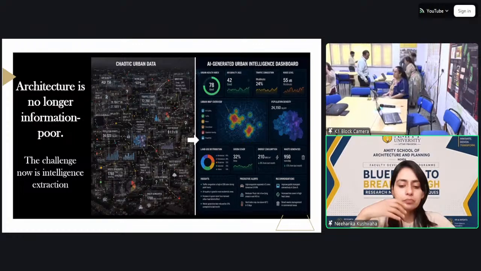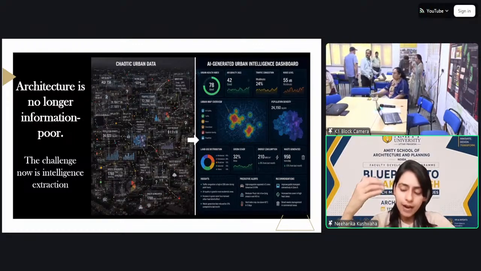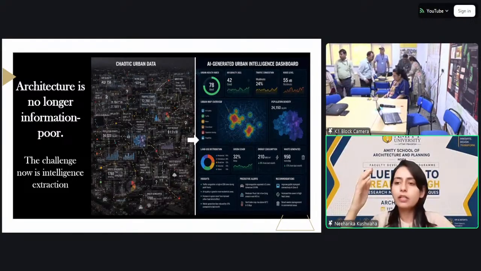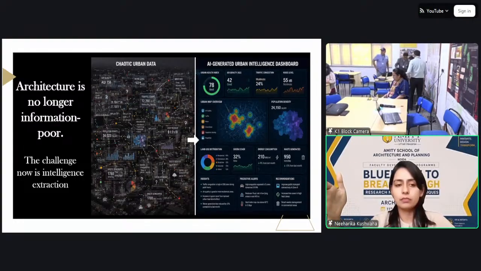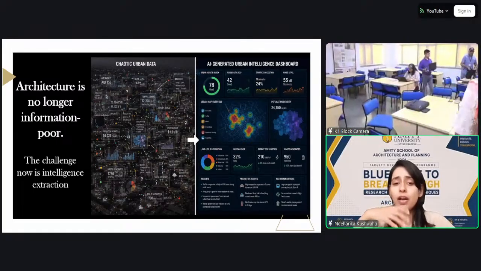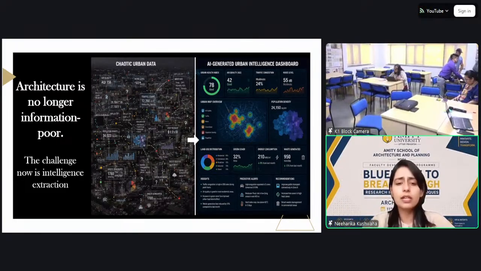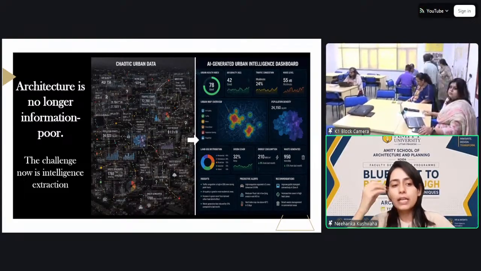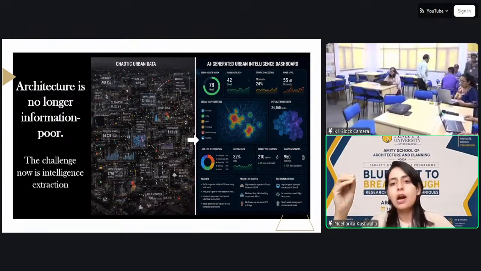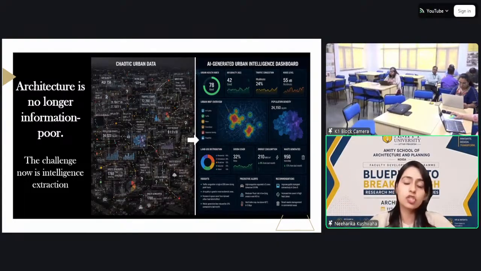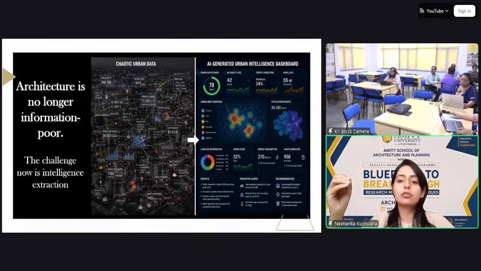Today, researchers can evaluate, I would say, thousands of possibilities simultaneously based on architectural parameters. What you can see here are examples of dashboards. On the left-hand side, we have a dashboard with n number of data on air quality, noise level, traffic count, different organizations working on different parameters. But the challenge becomes the intelligence extraction: what kind of data is needed for your research, how do you visualize it, how do you represent it.